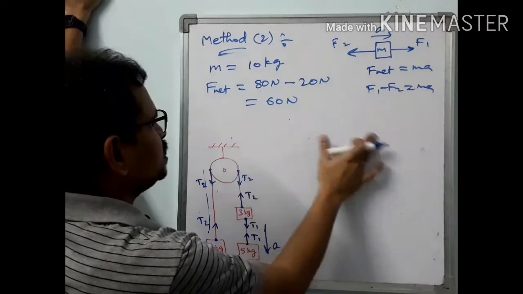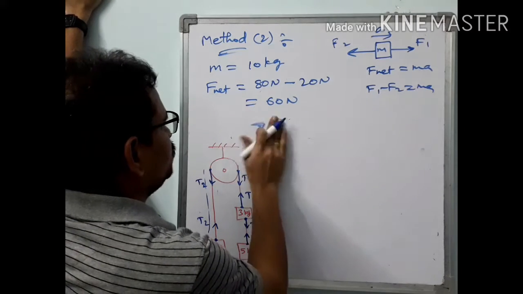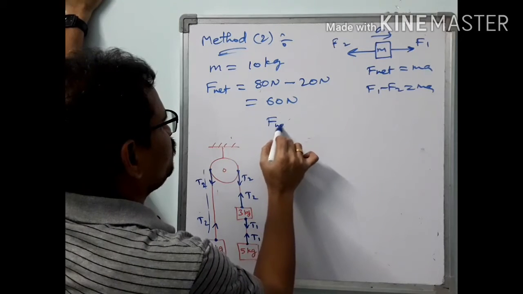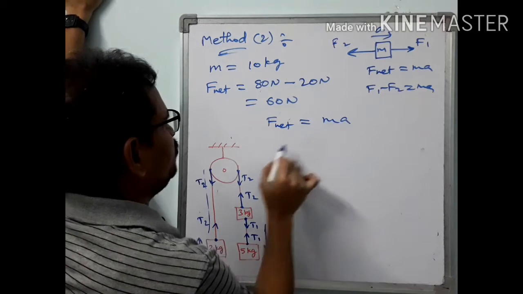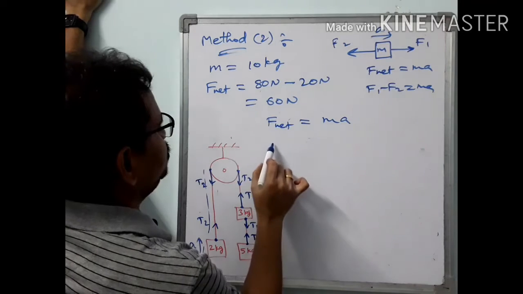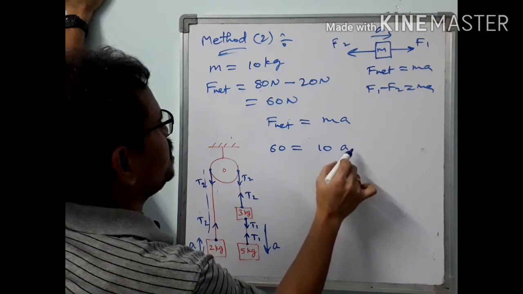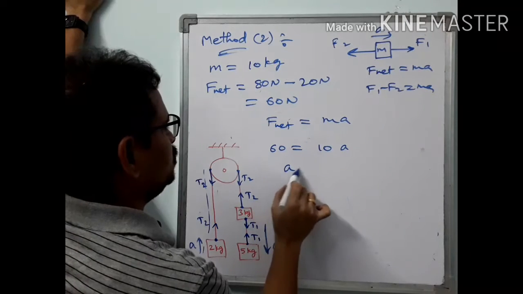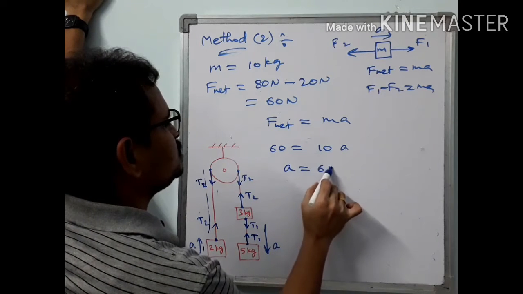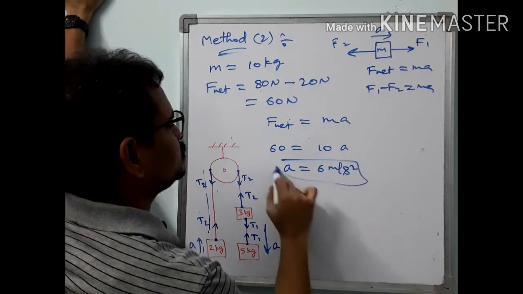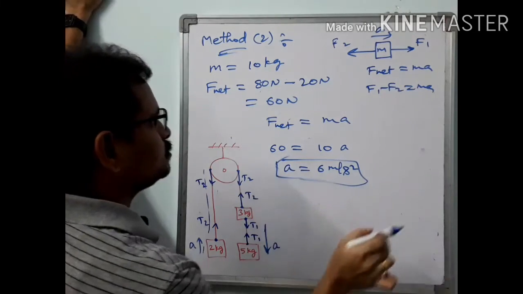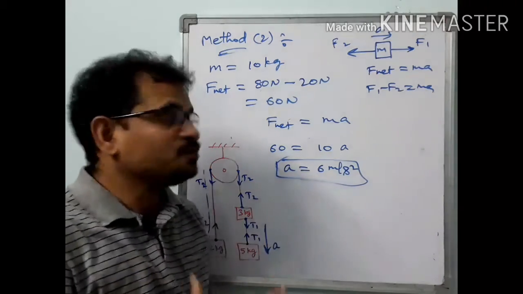So what is the common acceleration now? We know F net equal to ma. What is F net? 60. 60 equals m, which is 10, times a. We have to find a, no? Therefore a equals 6 meter per second square. See which one is easier?